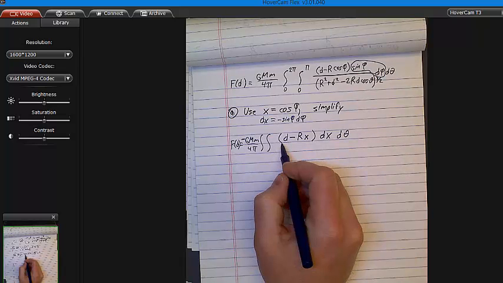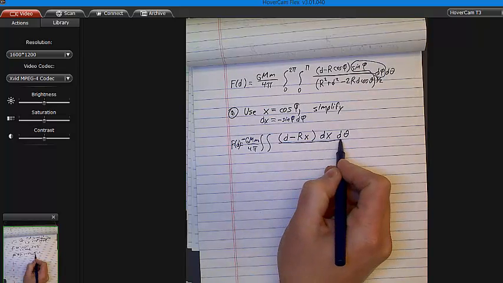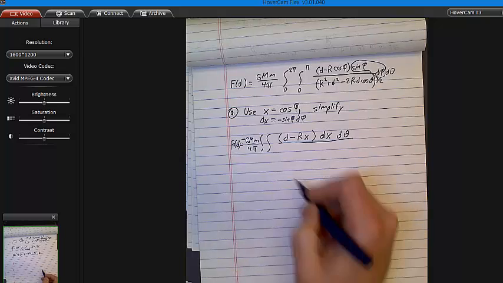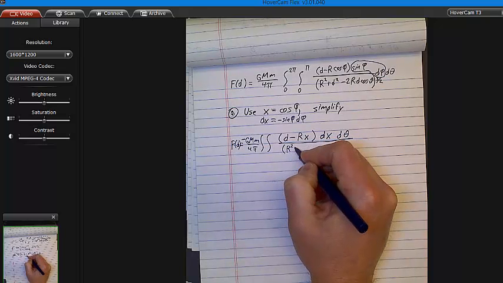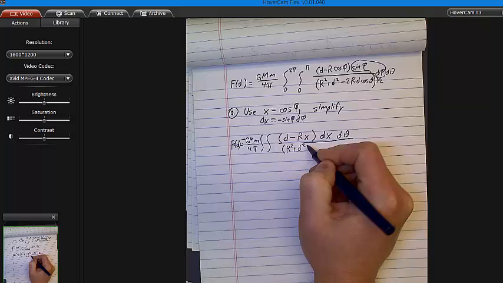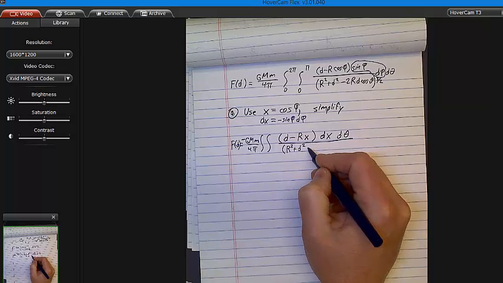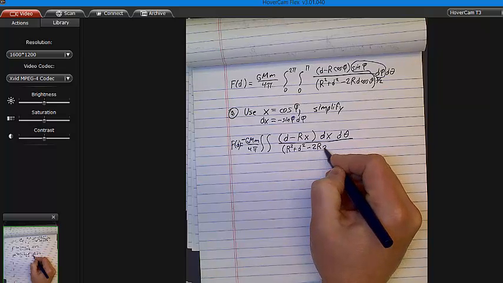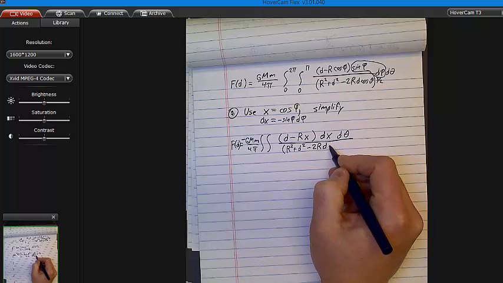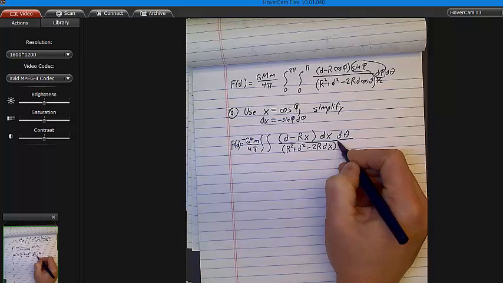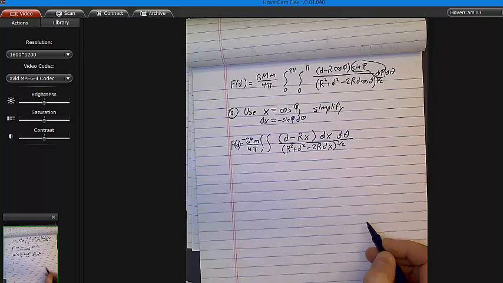Oh, but we need a denominator. So what's the denominator become now? It's capital R squared plus d squared. Those are constants, right? Minus 2 capital R capital D. Is that an x now? Oh, yeah. To the 3/2 power. Nice. Did this help?